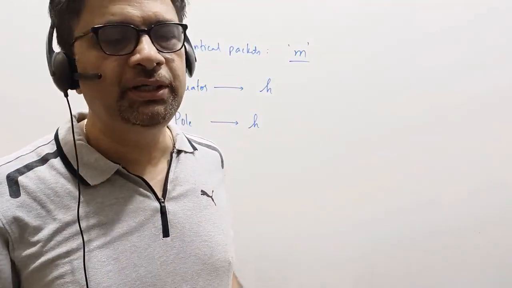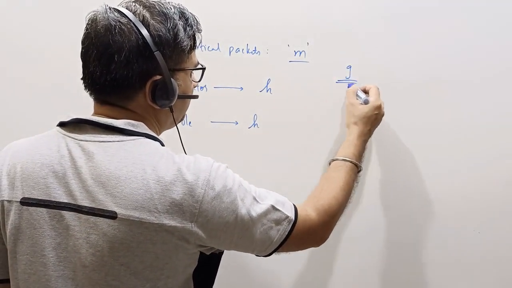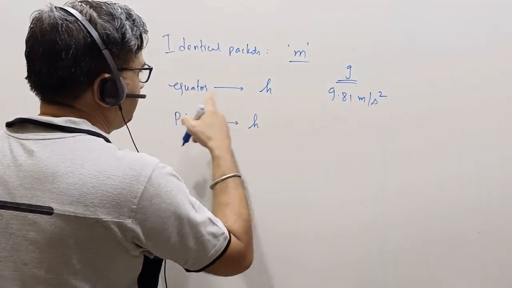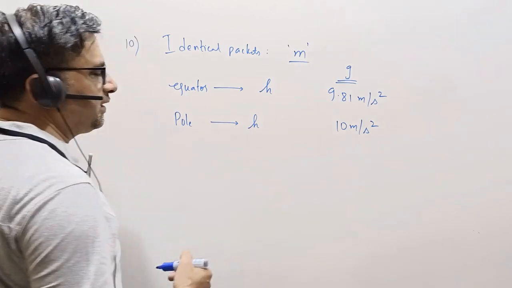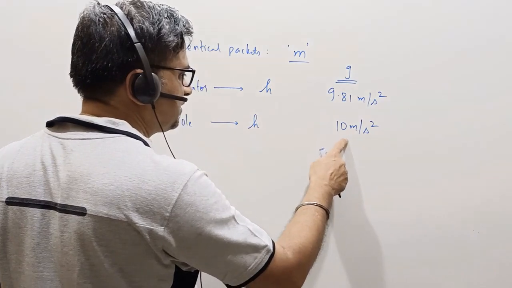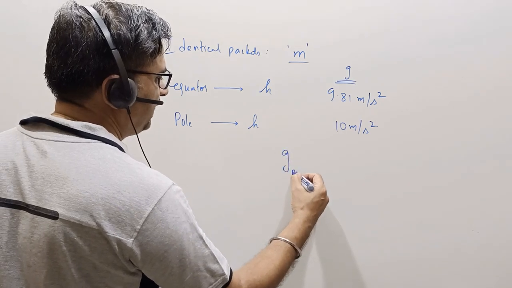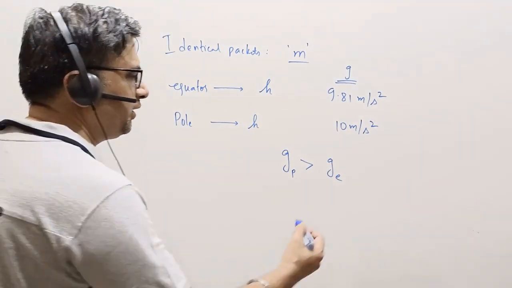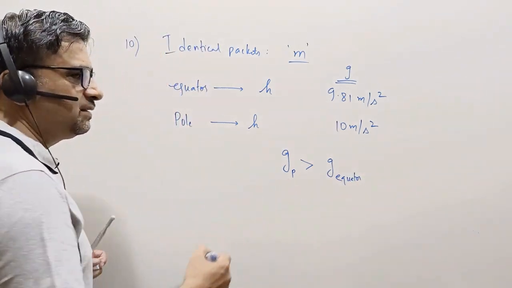We know that the value of acceleration due to gravity is approximately 9.81 meter per second square at the equator, and it's 10 meter per second square at the pole. So the acceleration due to gravity at the pole is greater than the acceleration due to gravity at the equator. With greater acceleration, the body will reach quicker.